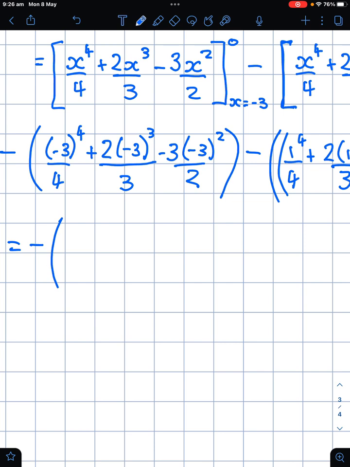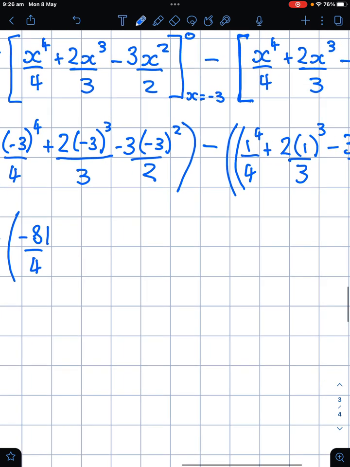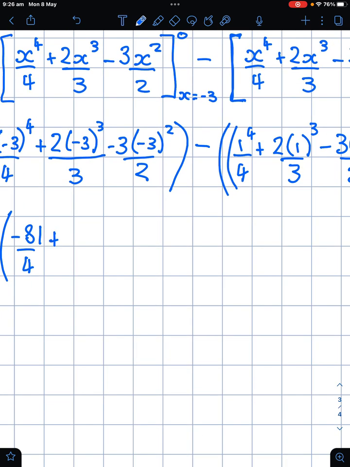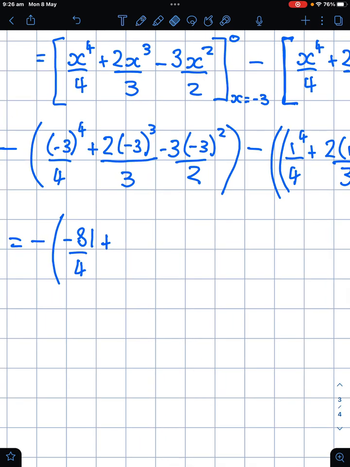So negative 3 to the power of 4 is positive 81. So we've got 81 on 4. And then plus negative 27 is that next.